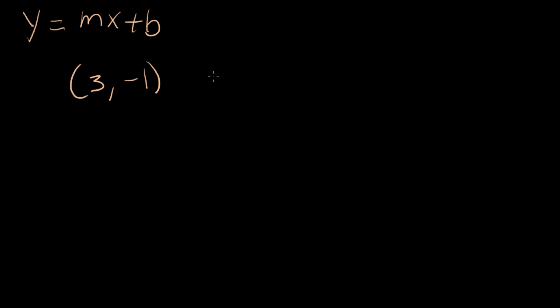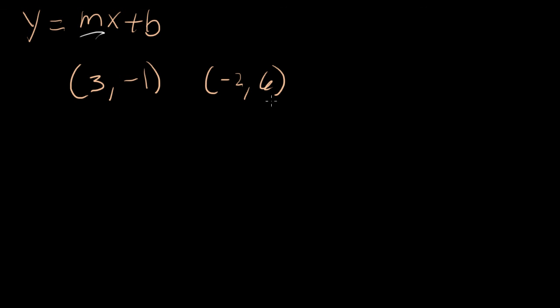Maybe they give you 3, -1 and -2, 6. And they say, write the equation of a line that goes through those points in slope-intercept form. Well, neither method works right off the bat here, does it? Because a pretty integral part to being able to use the slope-intercept form is that we need to know the slope.